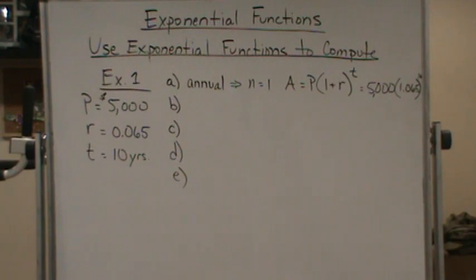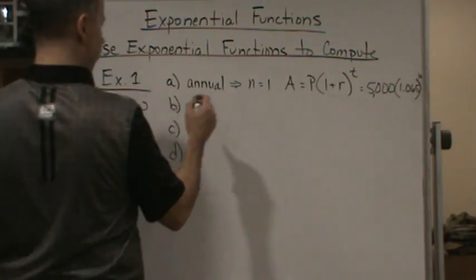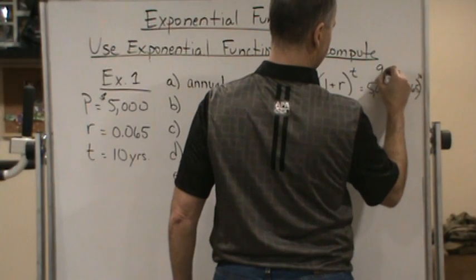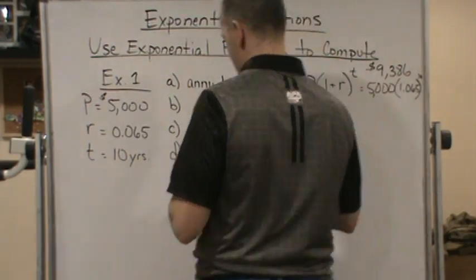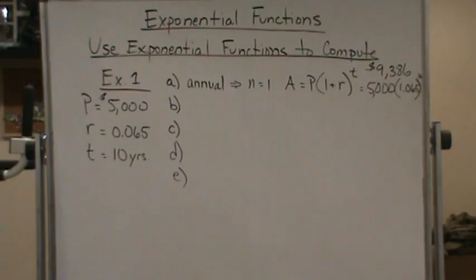And we get $9,385.69. So we just round that, so this would be $9,386.